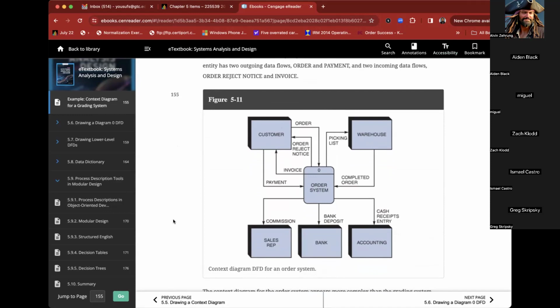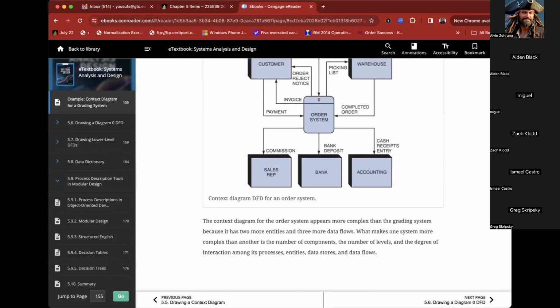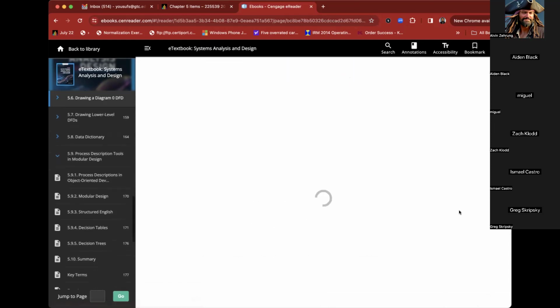Some external entities are only on the receiving end, some will do both, and some will have different inputs and different outputs. Like customer: the customer will be sending in payment as well as the order, and will receive the order reject notice and also an invoice. But underlying details, we do not know yet. So that's a context level 0 diagram.